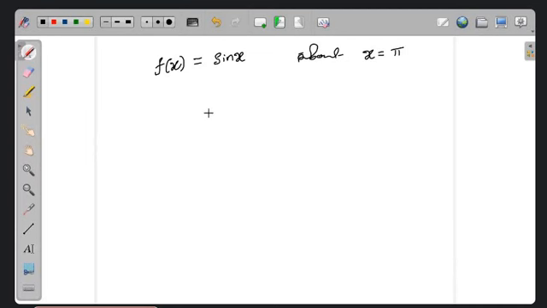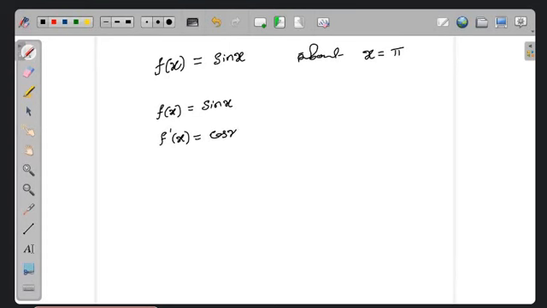So what we have to do is first list out these things. f of x, that is sin x, and f dash of x, what is it?